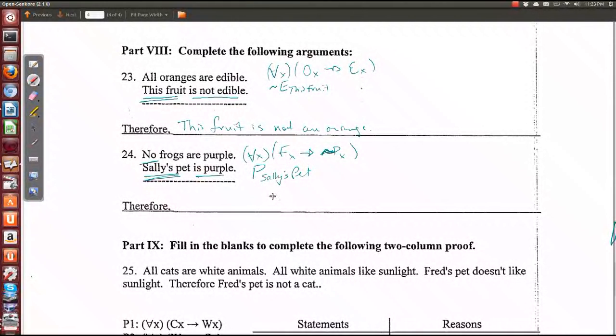And so what I need to do is figure out what type of relationship I have here. So I need to do the contrapositive. I mean, not the contrapositive. I need to do the modus tollens because I've got the negation of my consequent. I want to end up with the negation of F. So Sally's pet is not a frog.